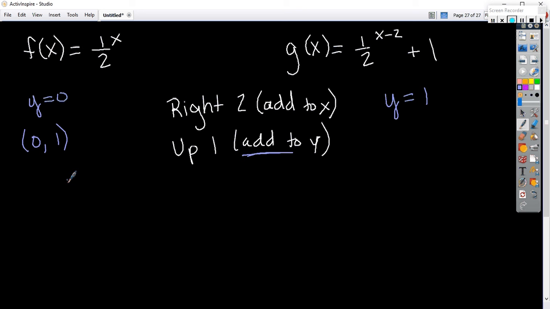If I transform it here, I add 2 to x, and I add 1 to y. It's always 0, a, whatever your a is. And since there's not one there, it's 1.